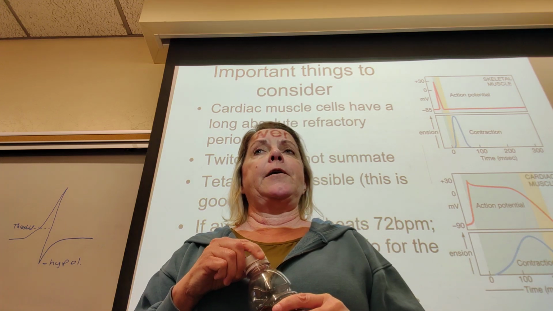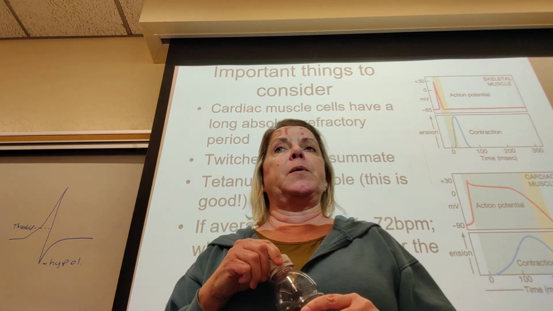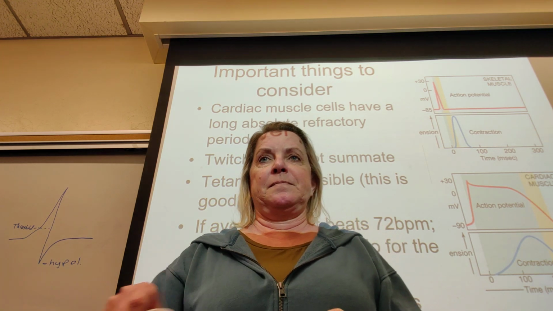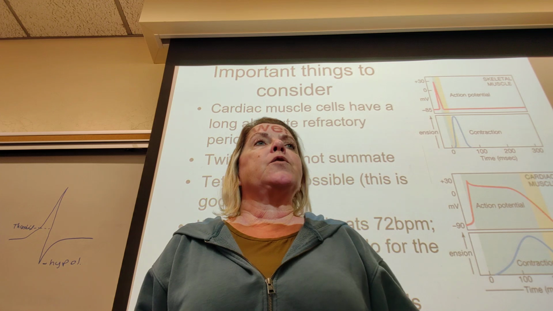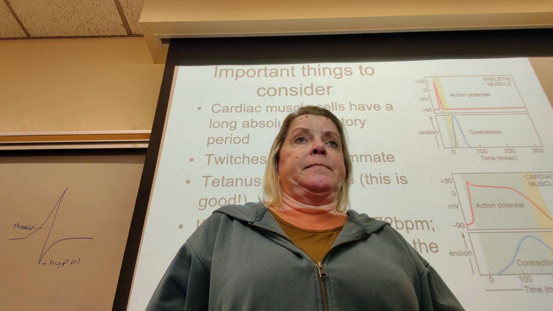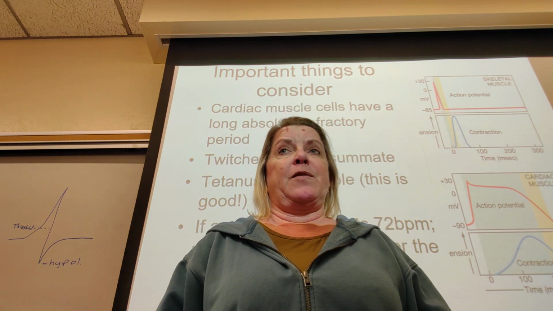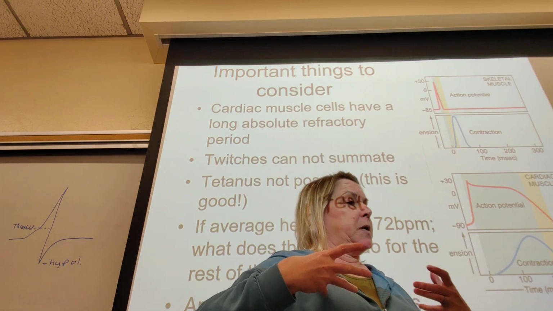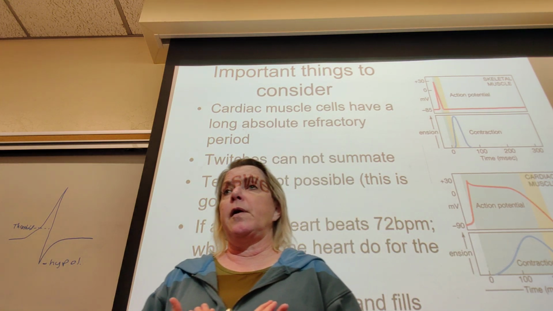Off the ascending aorta, what are the first 2 branches? Right and left coronary artery. They're the ones bringing oxygen-rich and nutrient-rich blood to the myocardium of the heart.